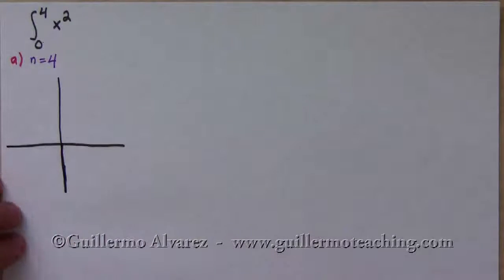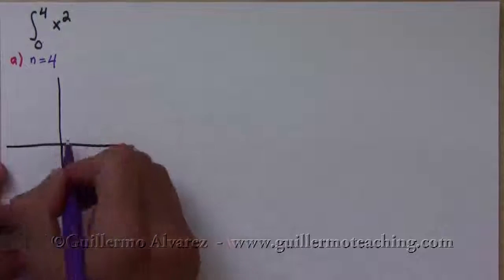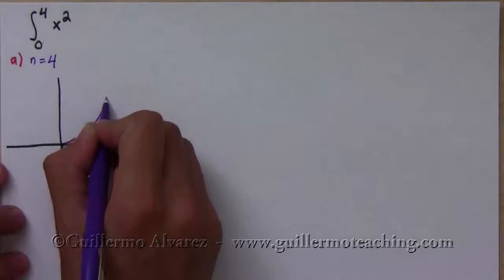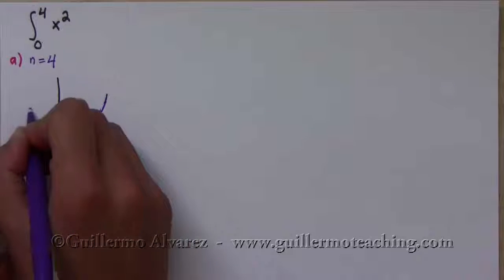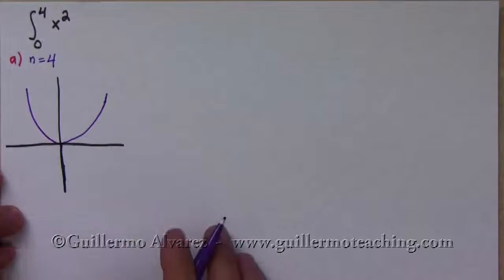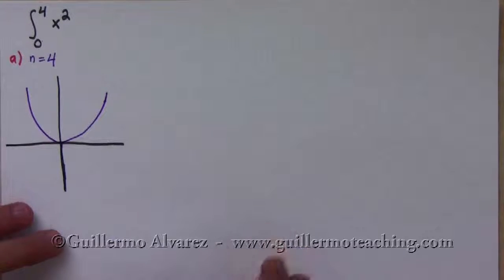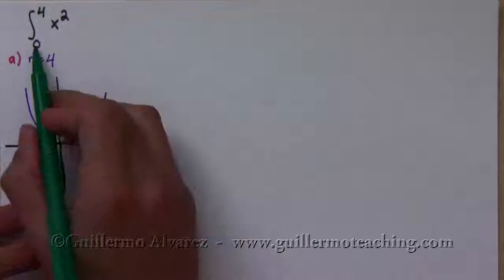So this is my axis, and then y equals x squared is a parabola. And what I'm looking for is the area underneath the curve from 0 to 4.